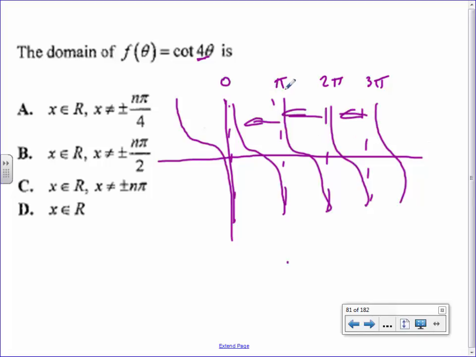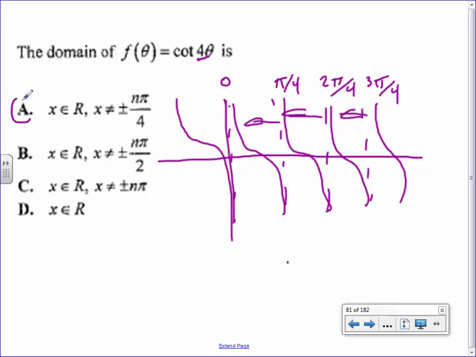So your first asymptote's not going to be at pi, it's going to be at pi over 4. And your second asymptote's not going to be at 2 pi, it's going to be at 2 pi over 4. And then your third asymptote is not going to be at 3 pi, it's going to be at 3 pi over 4. Which one of these answers right here best indicates where all of my issues are?